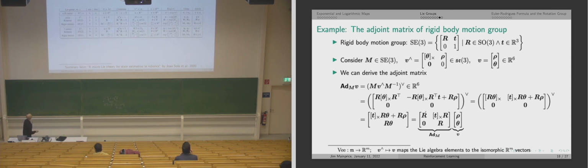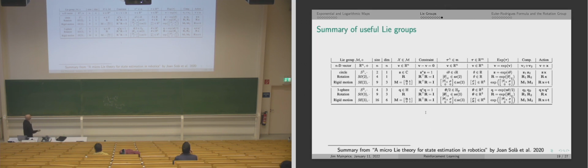All of what we talked about in terms of the Lie algebra structures for the circle, the 2D rotation, the rigid motions in 2D, and then in 3D, the sphere, the rotation, and the rigid motions in 3D are summarized here.